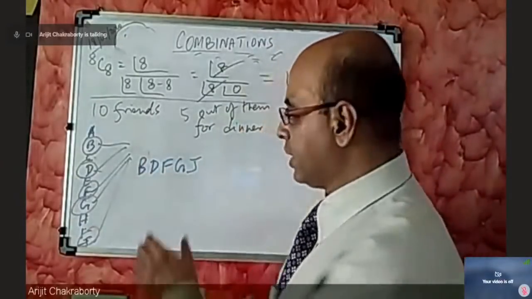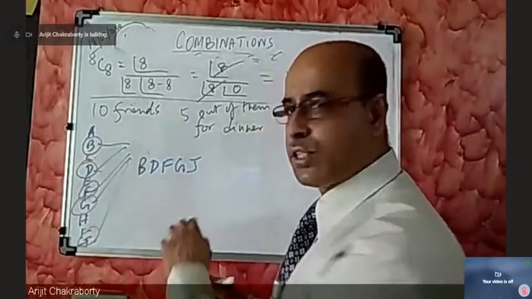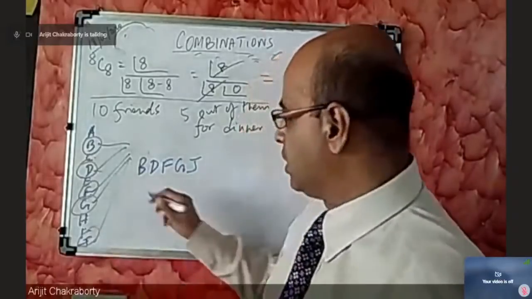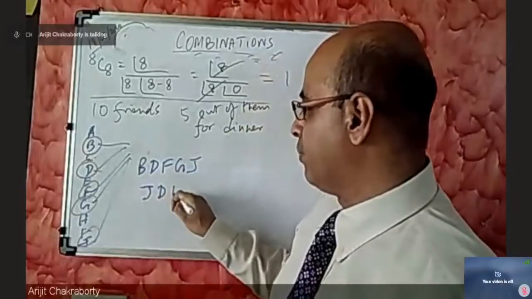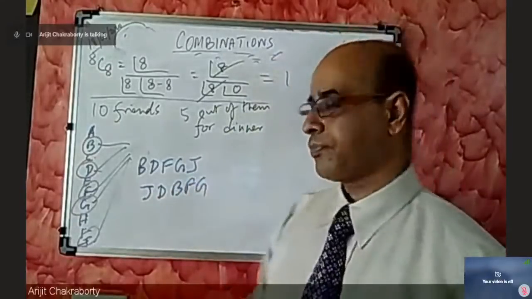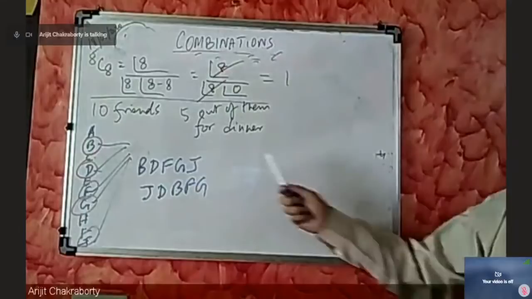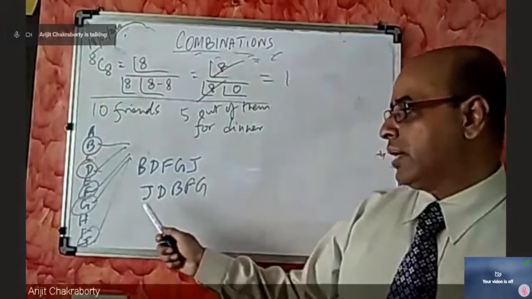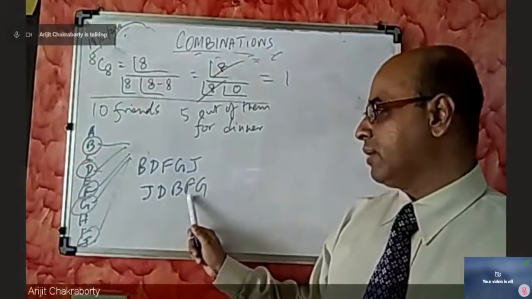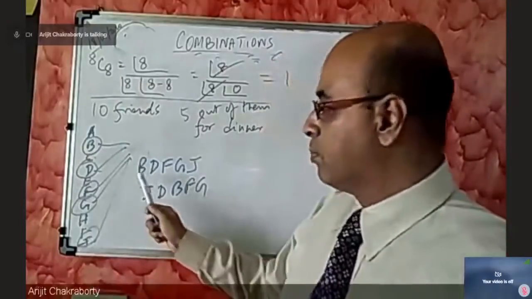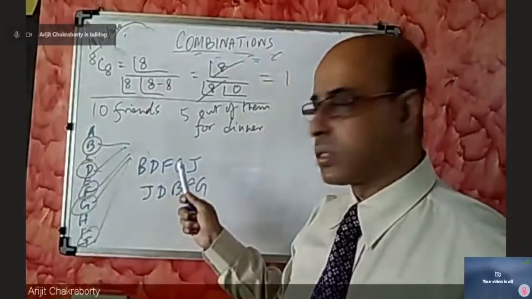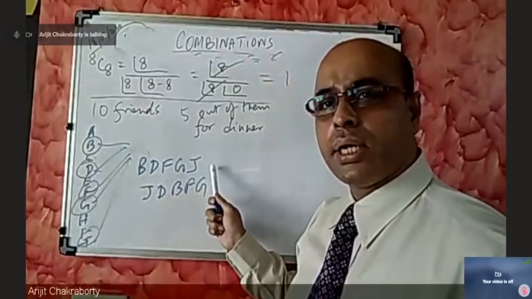But if I tell you that instead of B, D, F, G and J, I change the order, say it is J, D, B, F, G. Please see, B, D, F, G, J. Now it is J, D, B, F, G. So phonetically, Bravo, Delta, Foxtrot, Golf and Juliet.